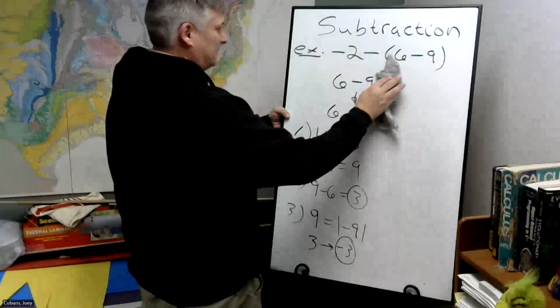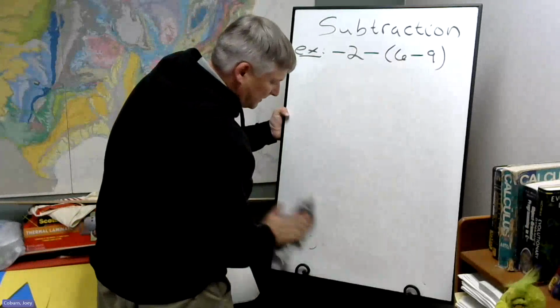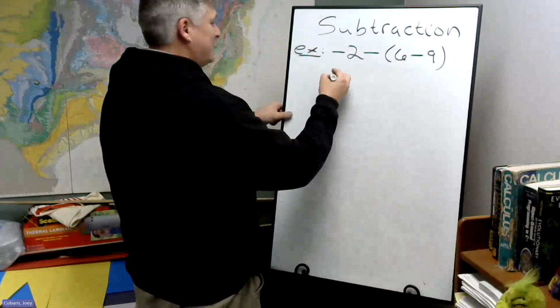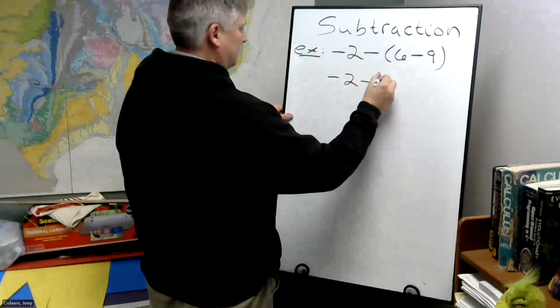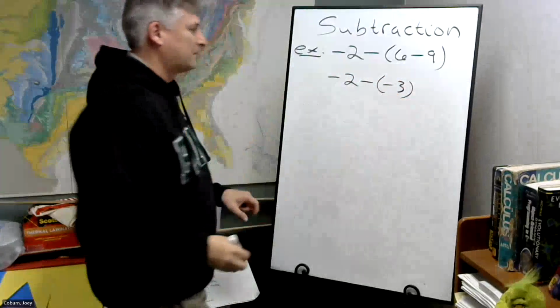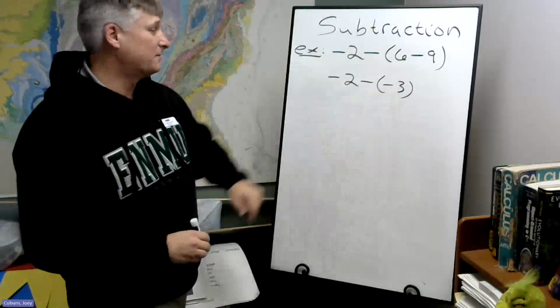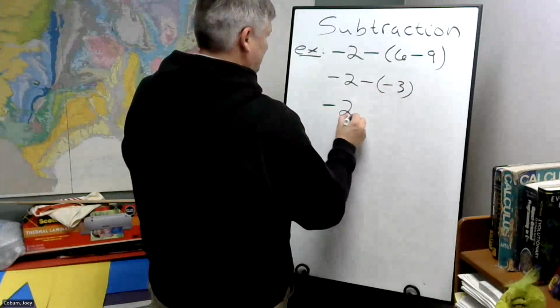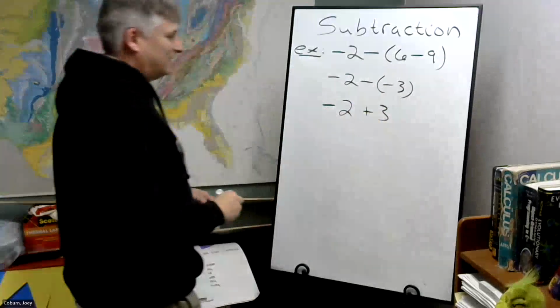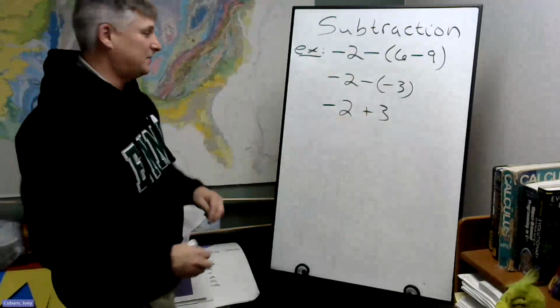So between those parentheses, we're putting in a -3, and that's a double negative, it becomes positive. Now we're going to solve this.